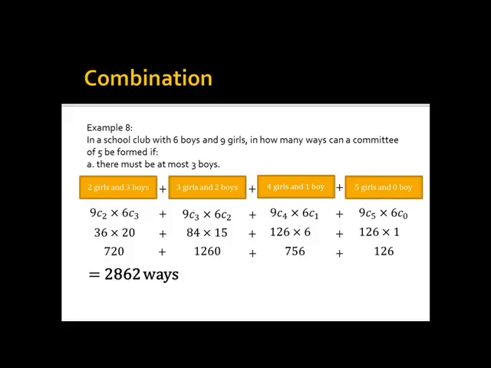So the answer will be 36 times 20 plus 84 times 15 plus 126 times 6 plus 126 times 1, which is equal to 720 plus 1,260 plus 756 plus 126, which is equal to 2,862 ways. So there are 2,862 ways a committee of 5 with at most 3 boys can be formed.